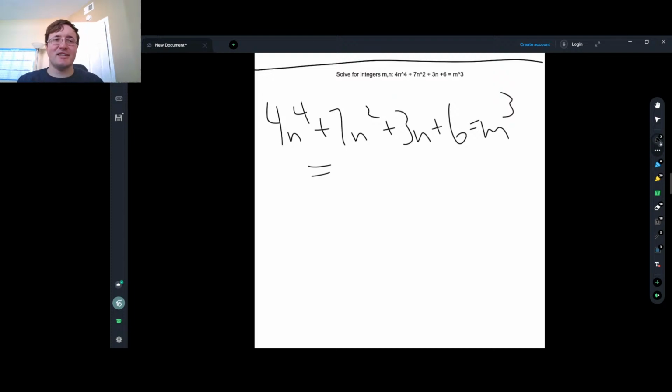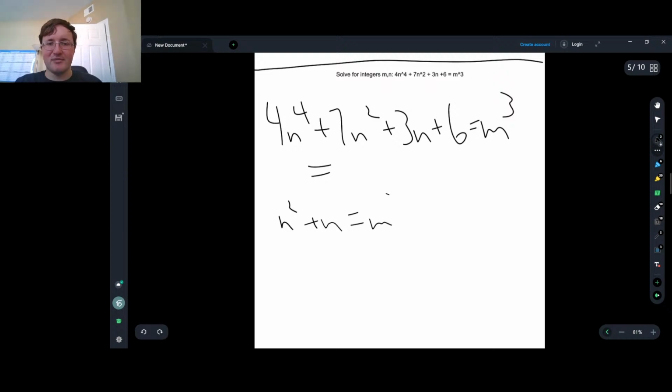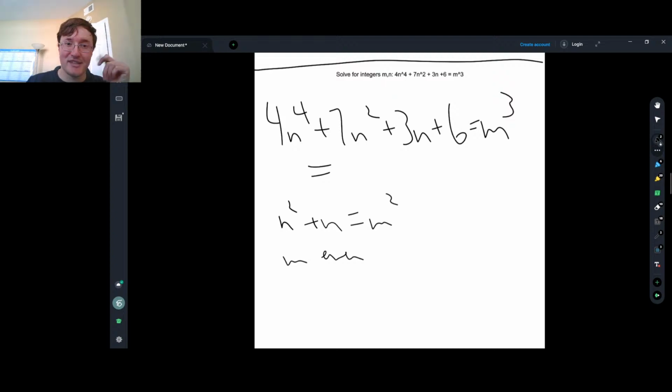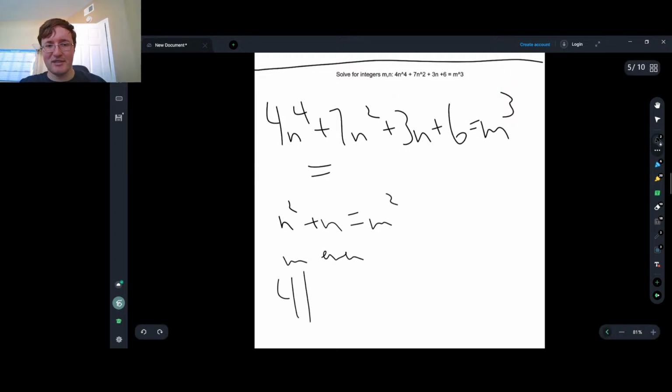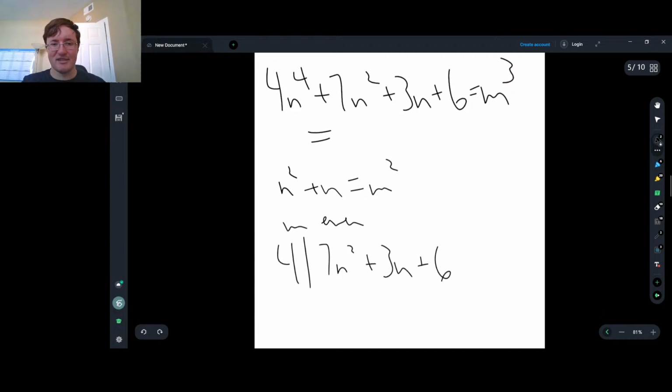Okay, so first of all, if I take it mod 2, I get n squared plus n is m cubed, so m is even. So then the left side is a multiple of 8. So then, for example, 4 divides 7n squared plus 3n plus 6.